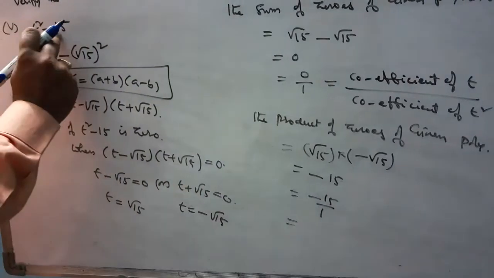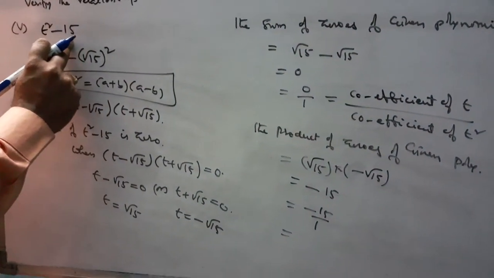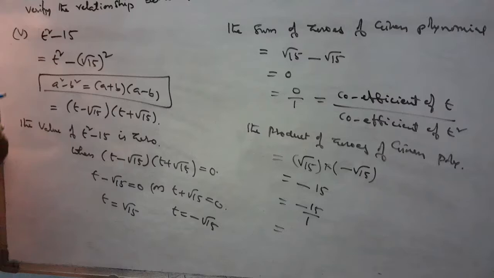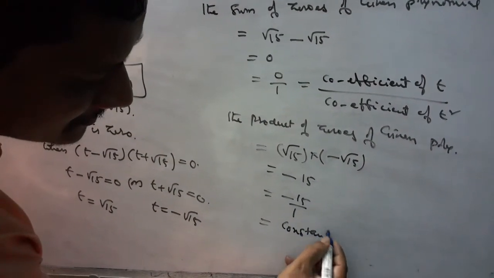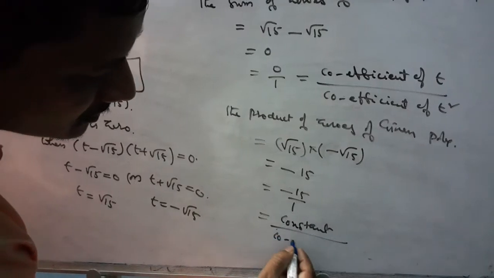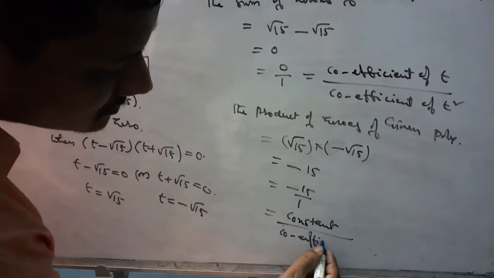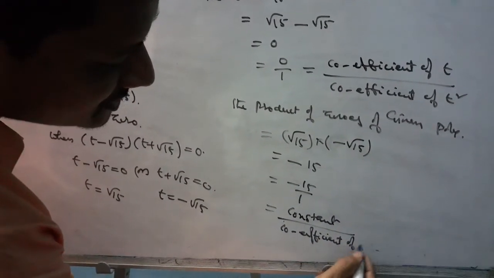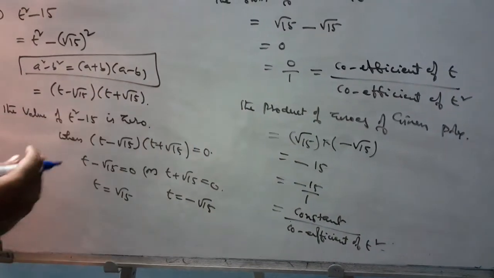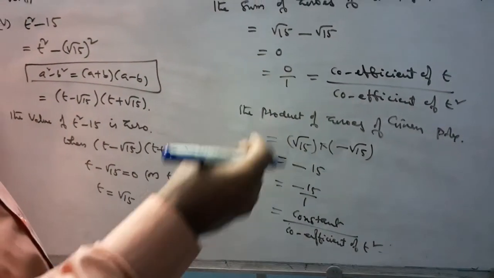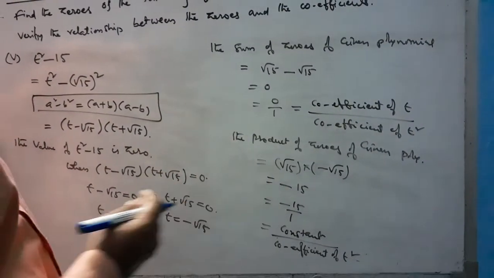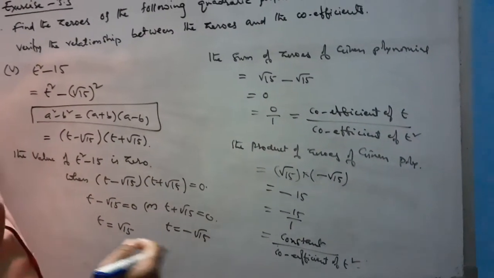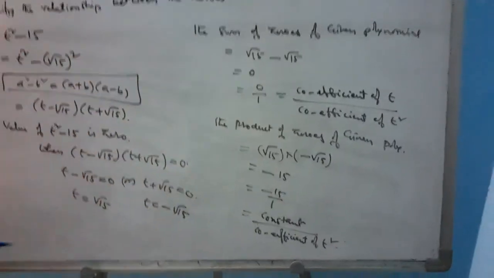Here minus 15 is the constant of the polynomial and 1 is the coefficient of t square. So we can write it as constant by coefficient of t square. From this we can say that the sum of the zeros is equal to minus coefficient of t by coefficient of t square, and the product of the zeros is equal to constant by coefficient of t square.